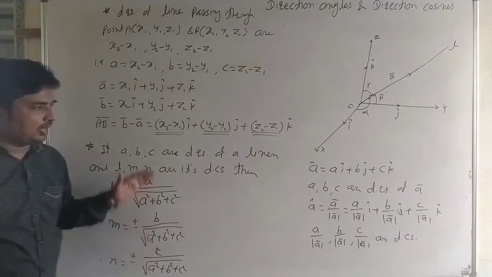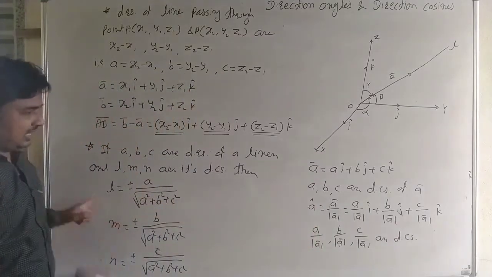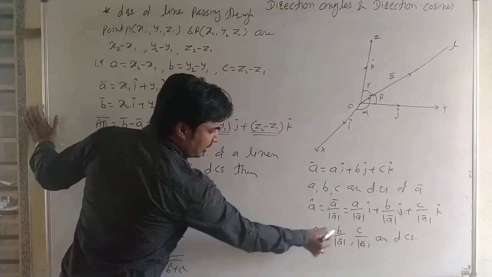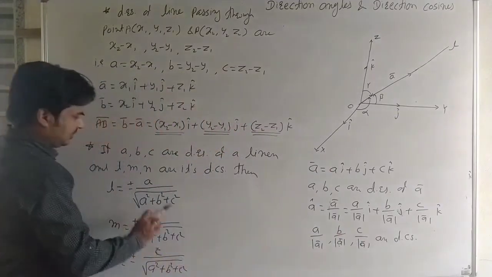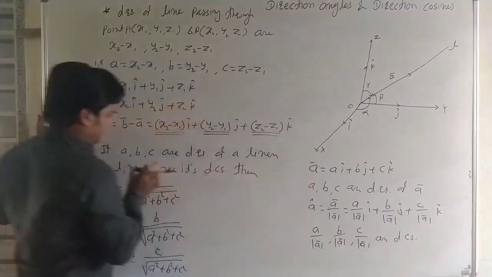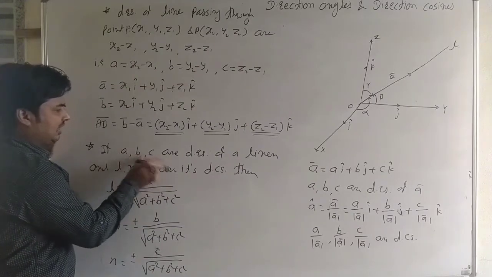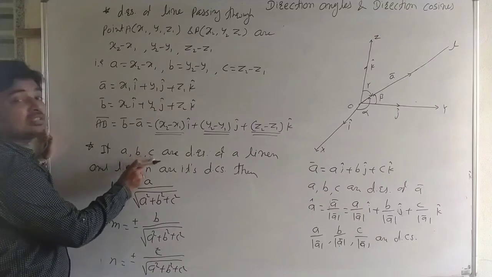Here, by using this formula or this method, there is a proof for this. The direction cosines are a upon magnitude of a, b upon magnitude of a and c upon magnitude of a, where it is vector a. Vector a whose direction ratios are a, b and c, the direction ratios of a line or a vector, then the vector along that line is a i cap plus b j cap plus c k cap.